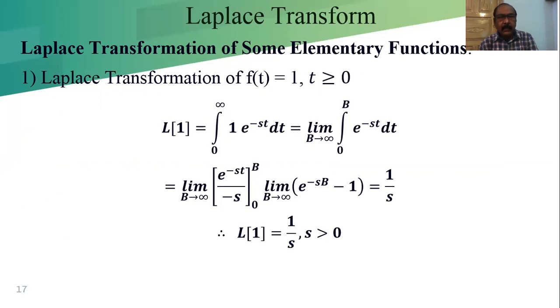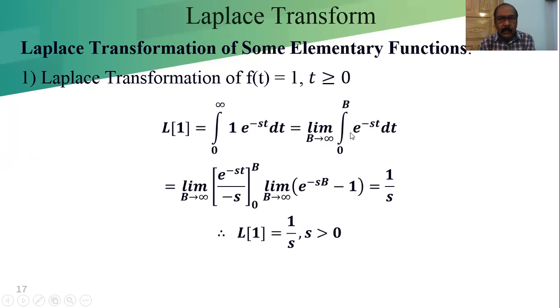since it is an improper integral, we have to change infinity by b. This is the upper limit, and b tends to infinity. 1 is the coefficient of e to the power minus st, so e to the power minus st dt.